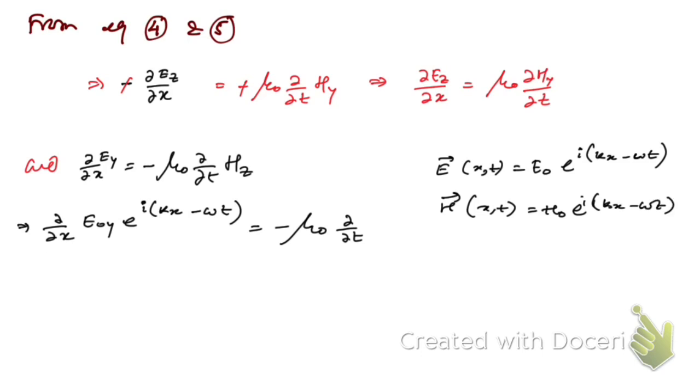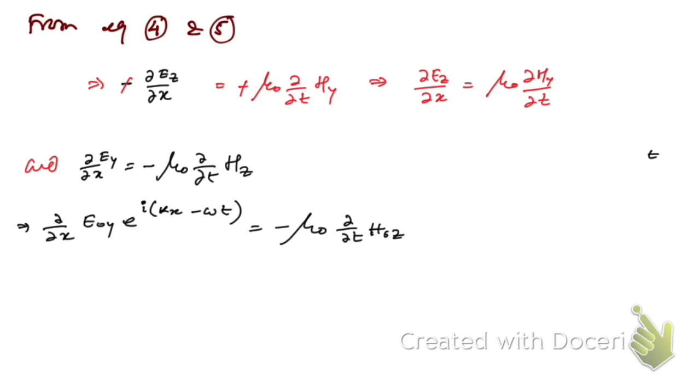Here we're going to get a z component of this, H₀z, and we had taken the phase defined as alpha, so we can write this as H₀z e^{i(kx − ωt + α)}. The phase difference was alpha. We can take this, right?